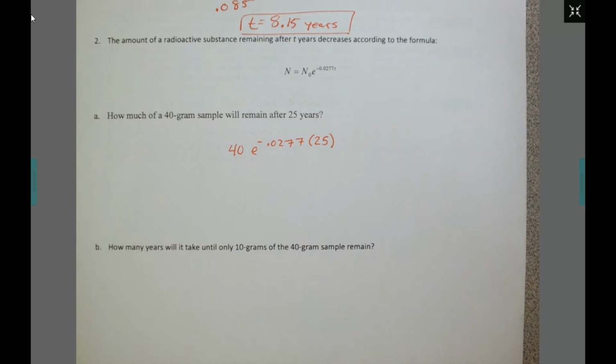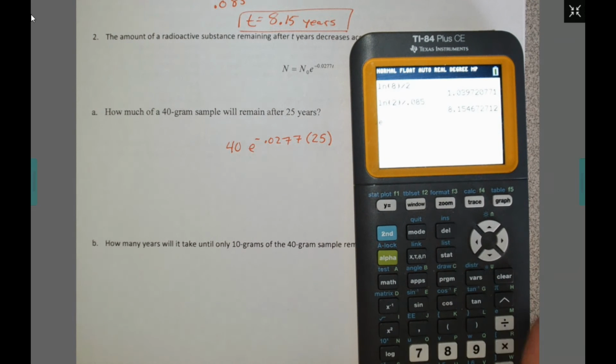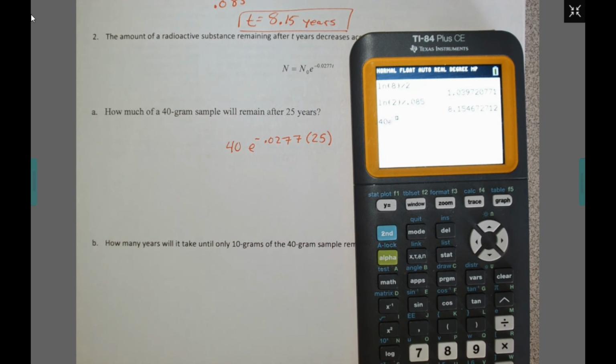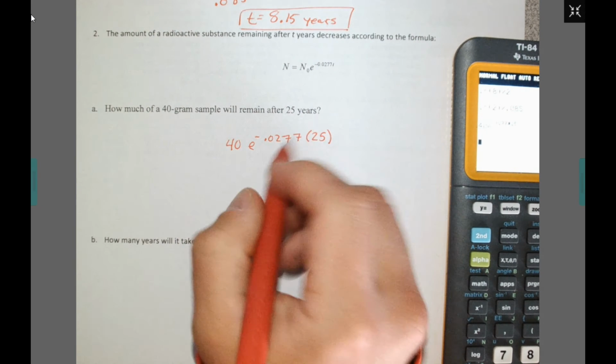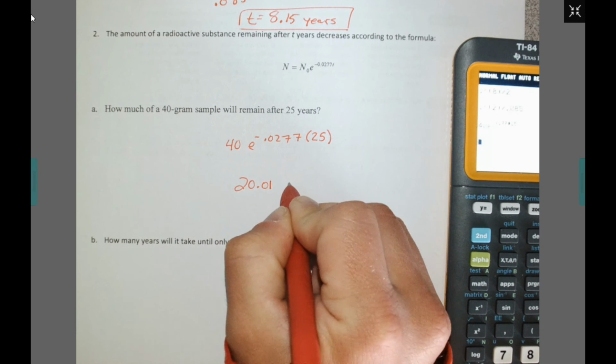So this one, there's no magic to it. There's very little math you have to do. We're just plugging in the calculator. Sorry, we should have a 40 out front. So 40 e to the negative 0.0277 times 25. And after 25 years, we're going to be left with about 20.01 grams.